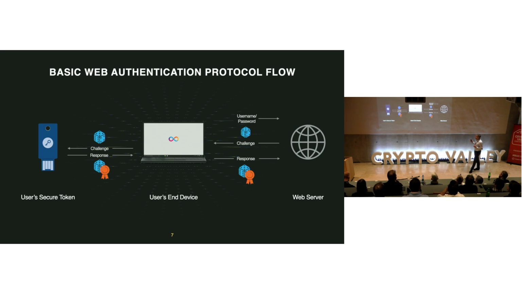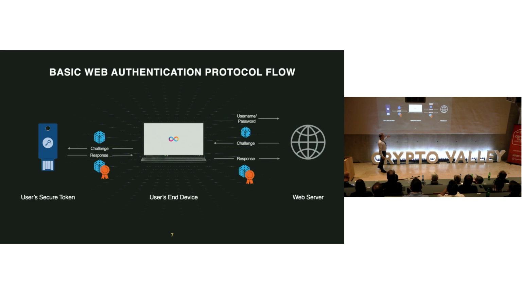And then the web server will send a challenge, which is just some random bits. The user's end device will then give that to the user's security token, which could be, as shown here, an explicit USB device. It could also be a TPM, some secure chip built into your phone or computer. That doesn't really matter.